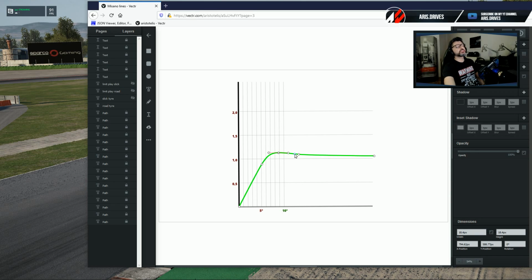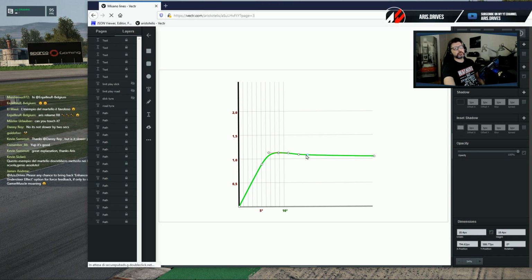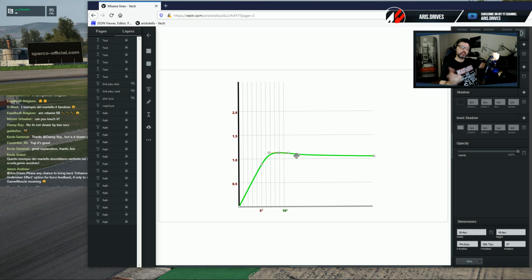Now, on a street tire, you do not lose lots of grip. So even if you exceed this, so let's say that you have to turn like that. If you exceed this by 3 degrees, so you go like this, okay, you're losing, but you're not losing too much. So the car still turns.